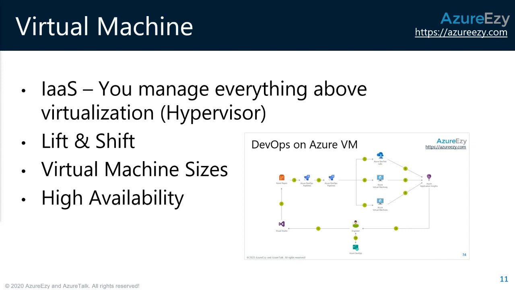Yes. Right. So here we are talking about high availability with respect to the virtual machine. If one machine fails, with an availability zone or availability set, we have a high availability option so that we can make our VM highly available. If one machine fails, we have the workload running on different machines, which could be in the same data center or in different data centers as well.